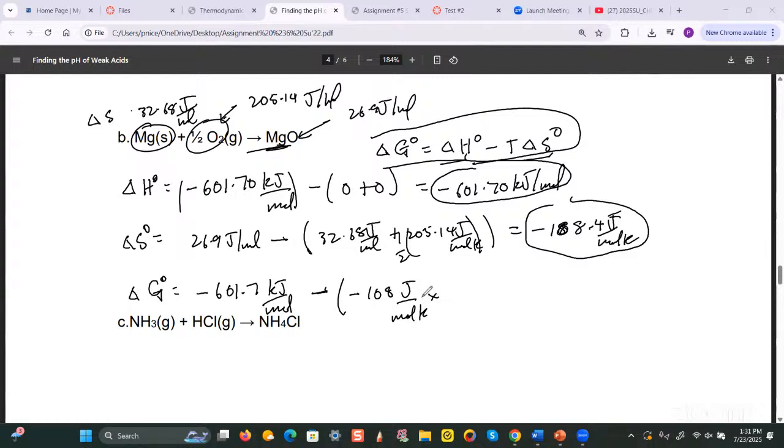What's the temperature? Well, because these are standard conditions, the temperature will be 25 degrees Celsius, which would be the same thing as 298 Kelvin. By the way, this should be 108.4. So we're going to multiply by 298 Kelvin.